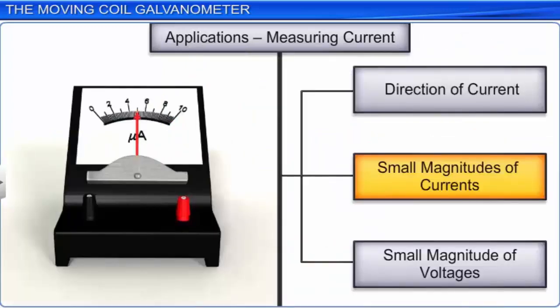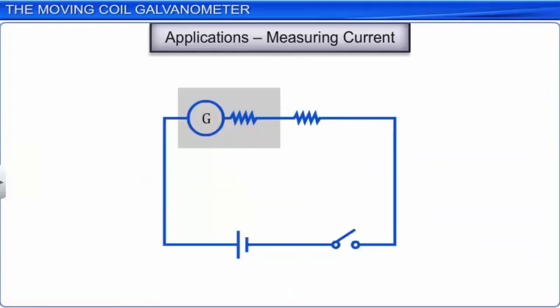A galvanometer is also used to measure small magnitudes of current in a given circuit by connecting it in series. For simplicity, let us consider a circuit diagram where the galvanometer is denoted as G. As the galvanometer consists of a long coil, it has some resistance.